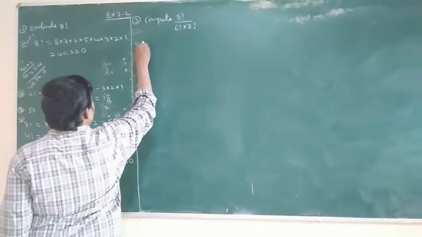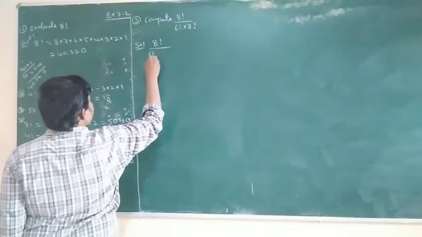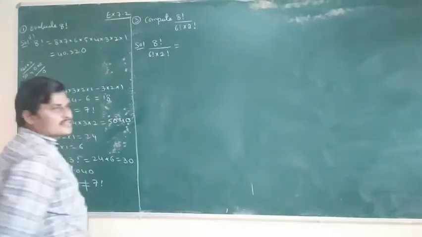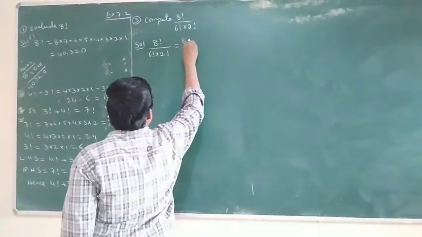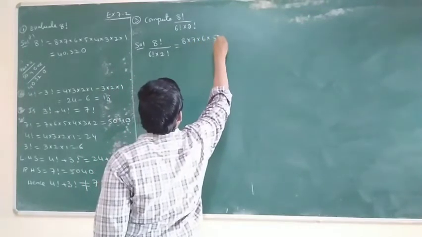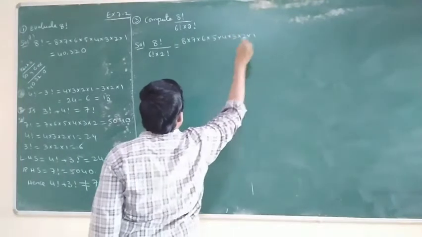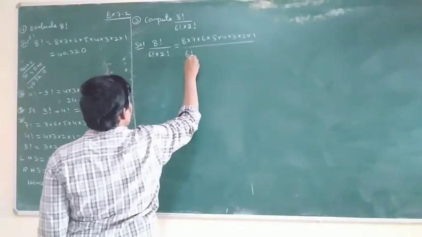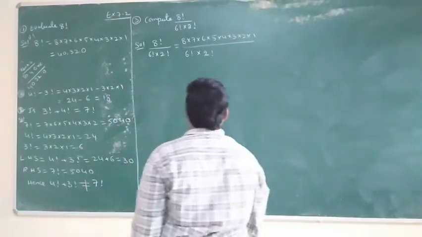So solution: 8 factorial by 6 factorial into 2 factorial. 8 factorial is equal to 8 into 7 into 6 into 5 into 4 into 3 into 2 into 1 by 6 factorial into 2 factorial.